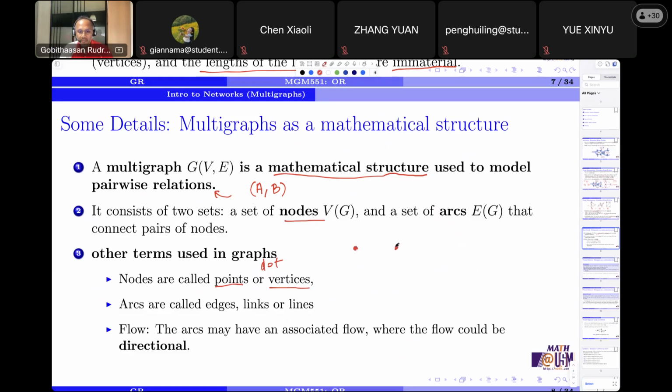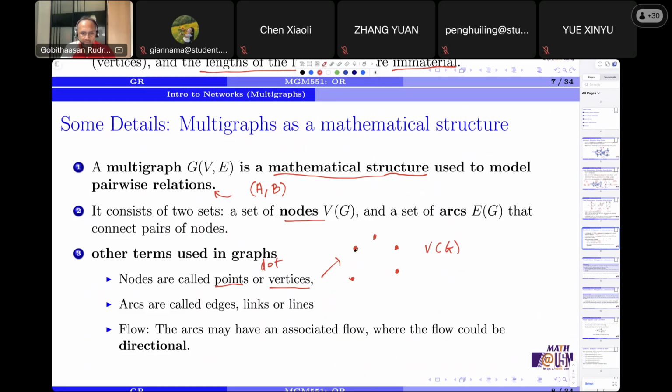For example, all these are just dots, or sometimes we call them vertices, points, etc. So all are just representations of vertices. Probably throughout this lecture, I will say vertices to represent all these dots.